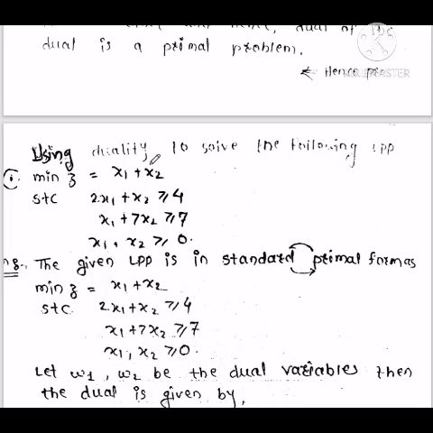The given LPP is in primal standard form because all the signs are greater than or equal to, and the problem is minimum. So this is the primal standard form of the given LPP.